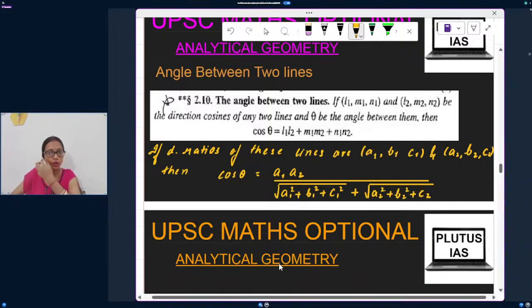Similarly for M1 M2, B1 B2 will be multiplied and the root part will be still the same. That's why I have taken the LCM, because all the denominators are going to be the same.